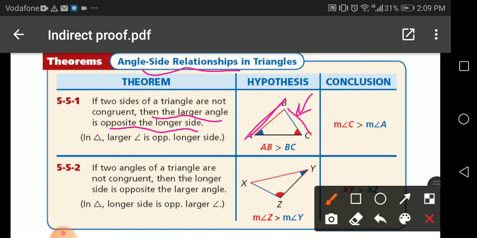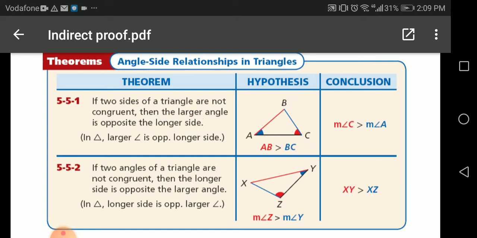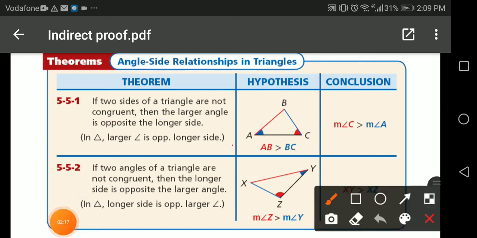So AB is opposite the larger angle. Again, if we have a longer side, it's facing the larger angle.